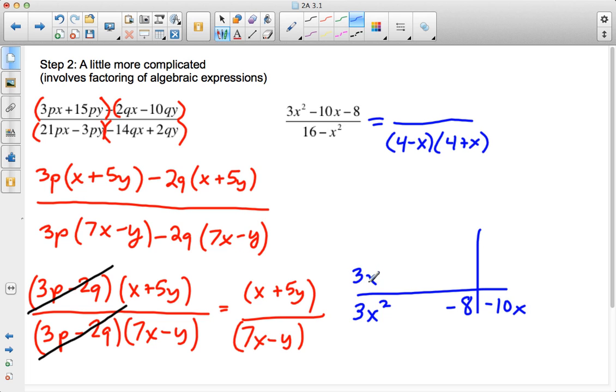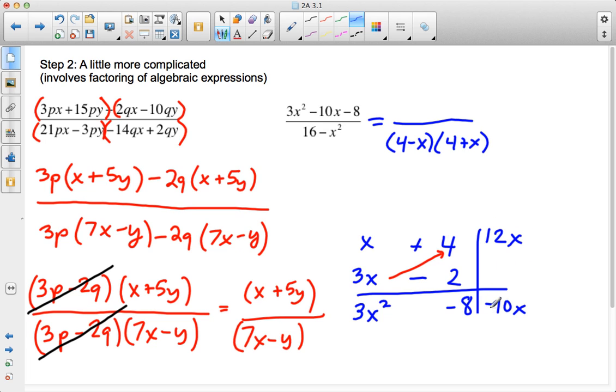So I have 3x times x, and then I have a negative 8, so factors of negative 8, that'll get me a 10. I'm going to use a 4 and a 2, and I want my 4 to be positive and my negative 2, so that when I cross multiply here, 3x times 4, I end up with a positive 12x.